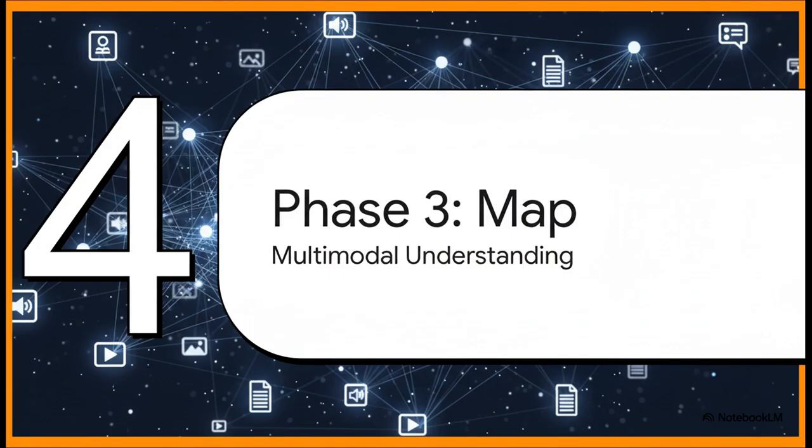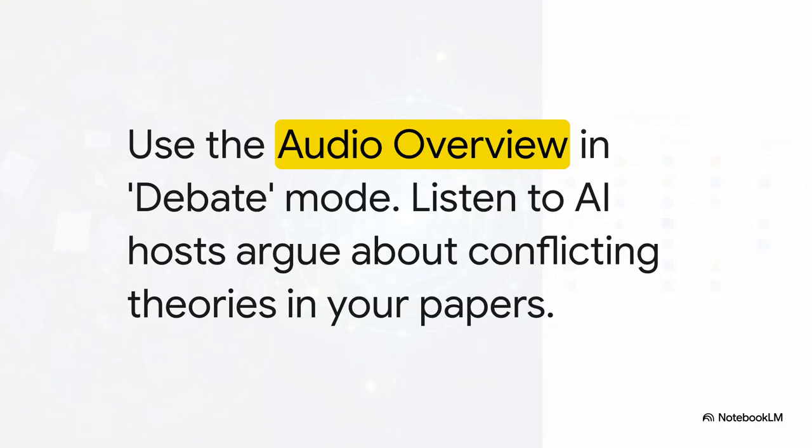And this is where we get to go beyond just text. Now this is one of my absolute favorite features. You can literally turn your reading list into a podcast. I'm not kidding. Using the audio overview feature in debate mode, you can actually listen to AI hosts argue and banter about the conflicting theories found inside the papers you uploaded.